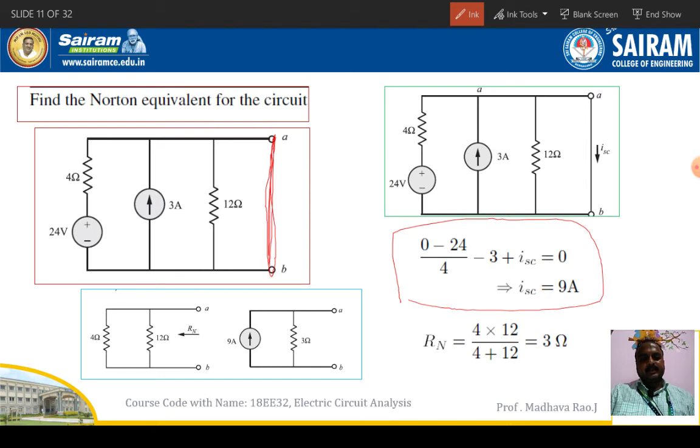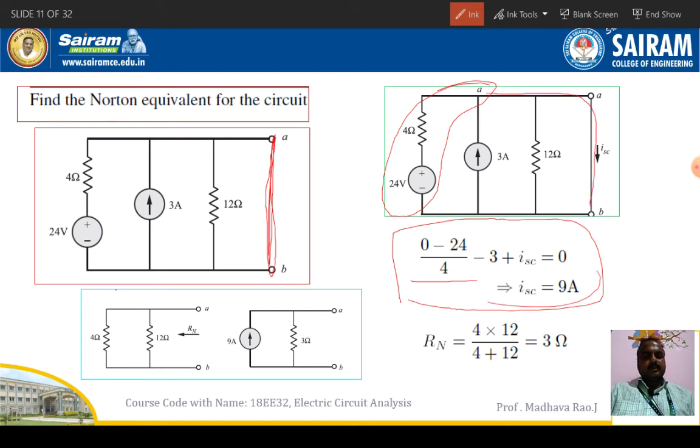So here, 0 minus 24 by 4. This terminal current is 0 minus 24 by 4, so this is the current, minus 3 plus ISC. The current flowing in this is ISC, equal to 0.